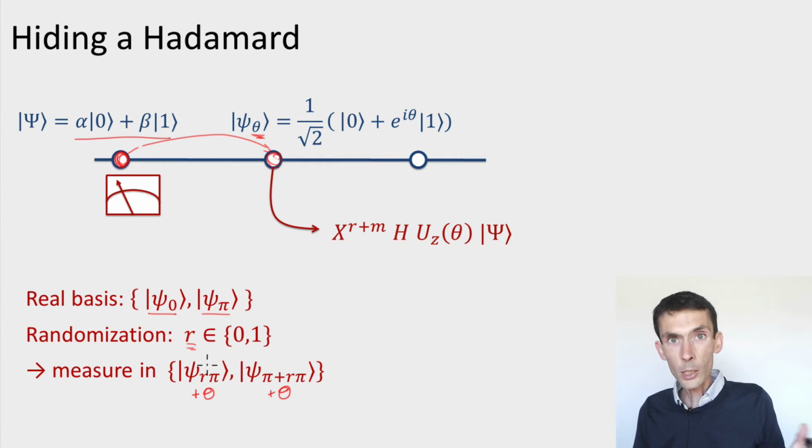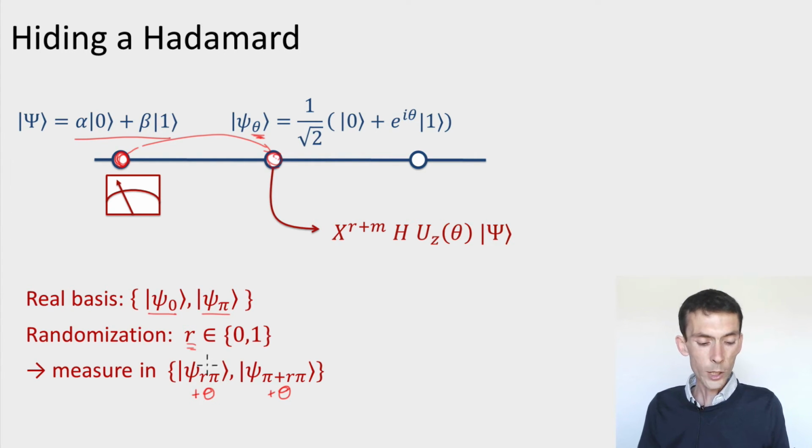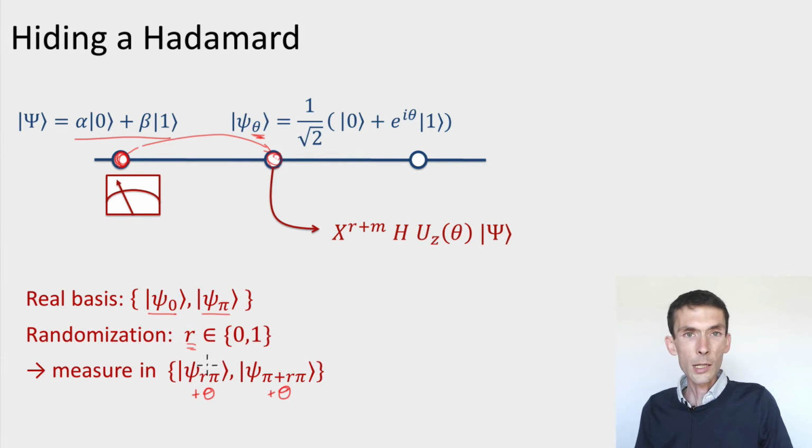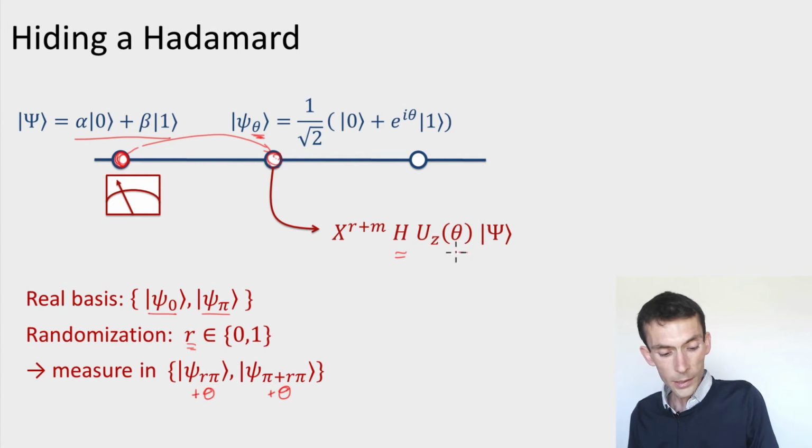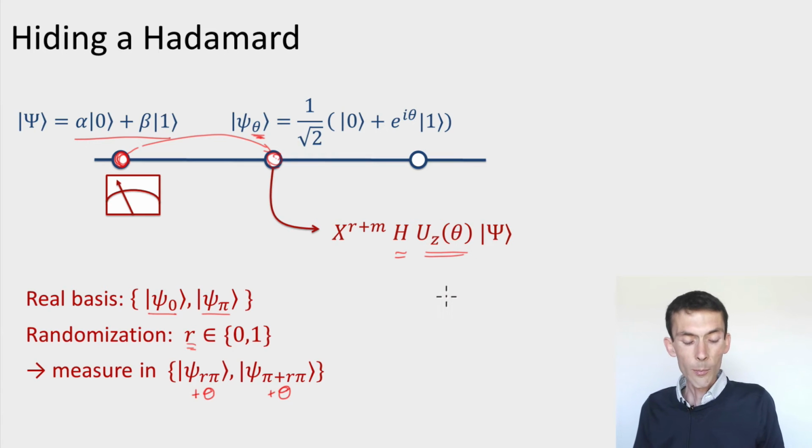So the prover makes the measurement, and then this updates, depending on the measurement, the next qubit. What you can check if you do the calculation is that instead of the state being updated to the Hadamard applied on psi, it's updated to the following. There's the Hadamard here. Before the Hadamard, there's a rotation by an angle theta. What this means is that if psi is in the 0 state, nothing is done.